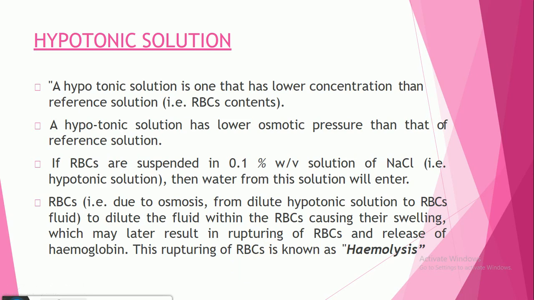Let's suppose a solution which is hypotonic has low osmotic pressure and doesn't maintain the concentration of the solute. In this case the red blood cells swell, which may later result in rupturing of RBC and release of hemoglobin, and the rupturing of RBC is known as hemolysis.